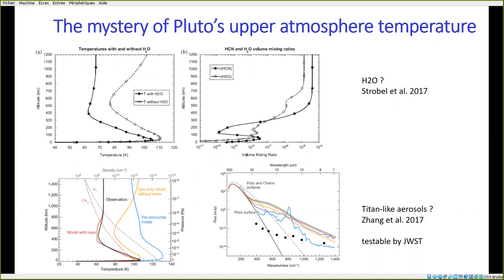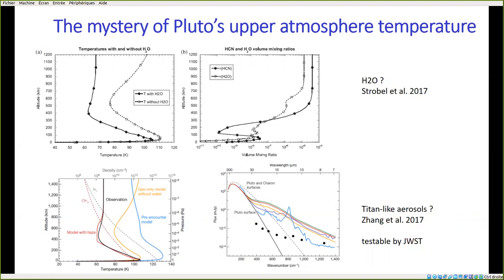There is a drastically different hypothesis that has been put forward, namely that the energy budget of Pluto's middle atmosphere is primarily not governed by gases, but by the radiative properties of the haze. And it seems that for radiative properties of the haze that are assumed to be similar to those of Titan, both in the optical and in far infrared, Pluto's haze seems to be able to radiate sufficient energy in the far infrared to explain the middle and upper atmosphere structure.